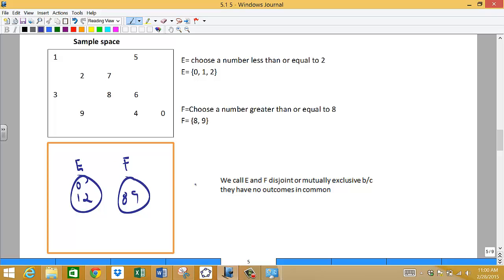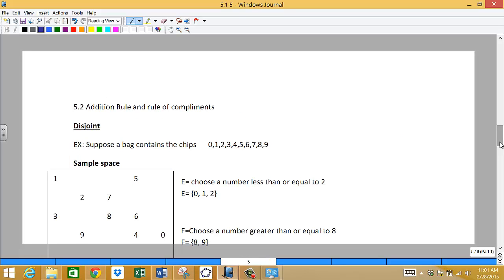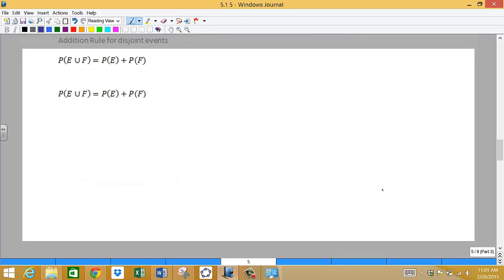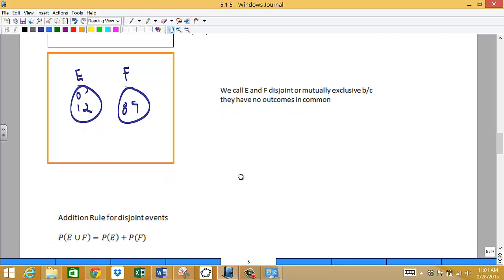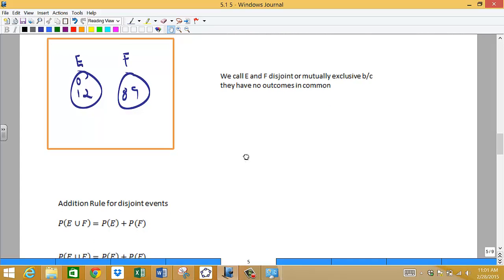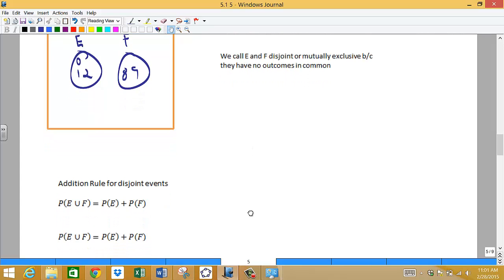We call E and F, we call these disjoint because they have no outcomes in common. And when we have no outcomes in common, we can use the addition rule for disjoint events, right?